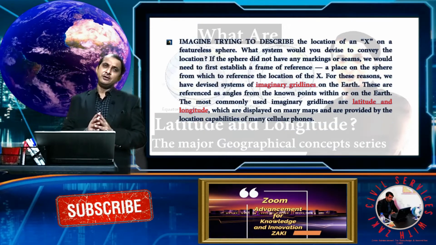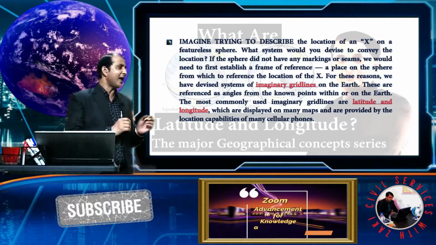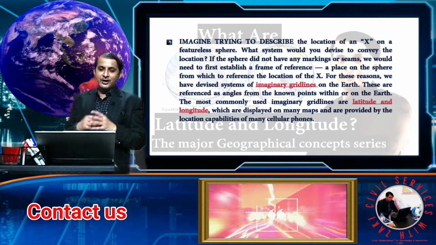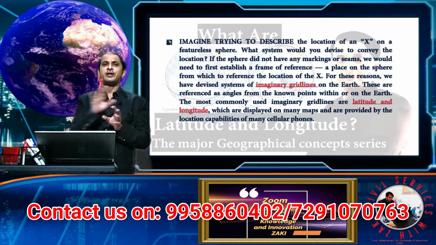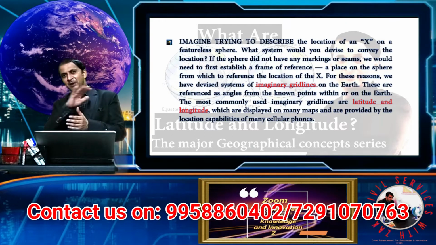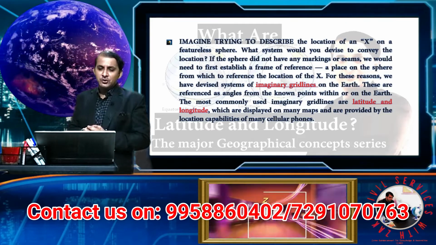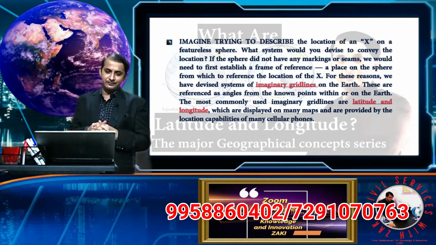Imagine you were trying to describe a certain location, like X, on a featureless sphere. A sphere with no geomorphological features, a plain sphere. What system would you devise to convey the location?